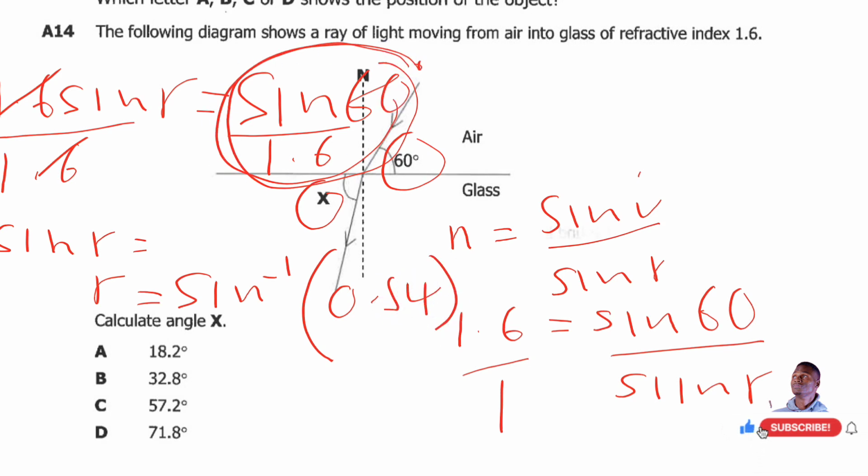When you punch sine inverse of 0.54 on your calculator, it gives 32.8 to one decimal place. So the answer is 32.8, B.